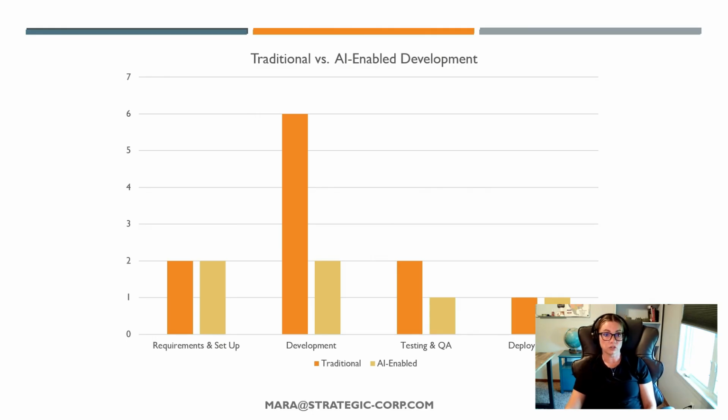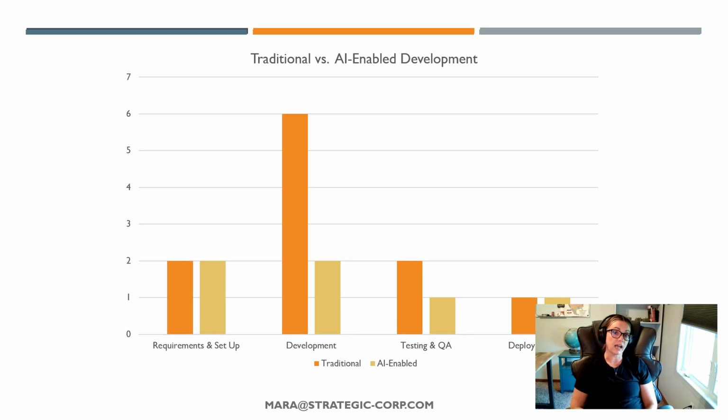Let's take an empirical chart example of traditional versus AI-enabled development to support our point that we should still continue with AI-enabled development. We should just do a better job on potentially the front end of managing expectations before. So with traditional development, you can see with the orange bars on the chart, we have requirements, development, testing and QA, and deployment.